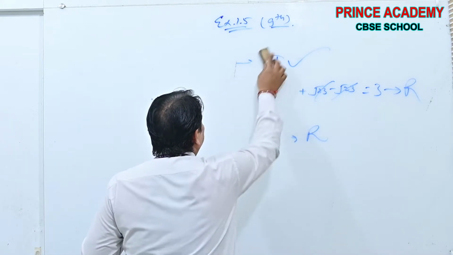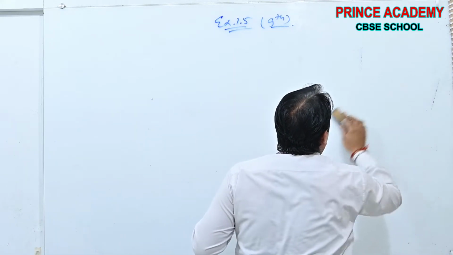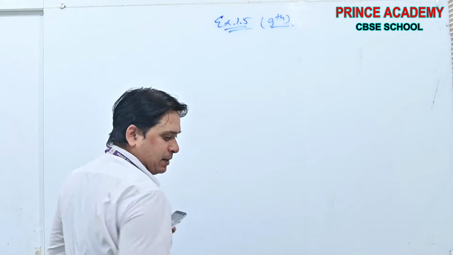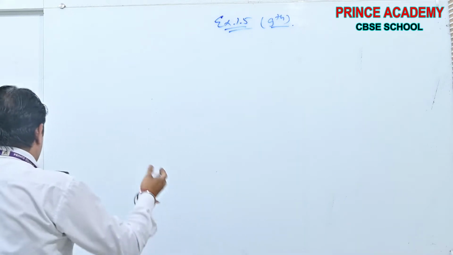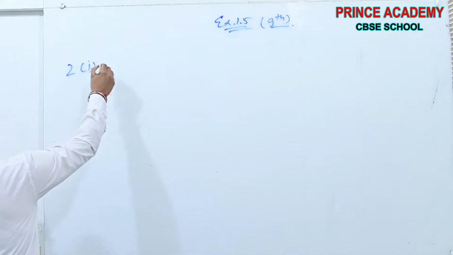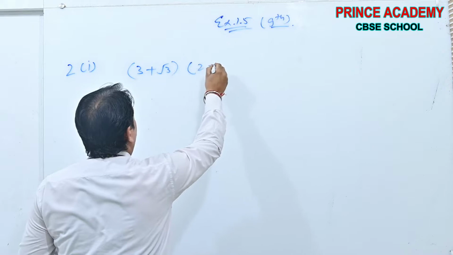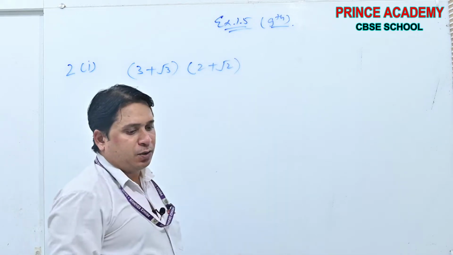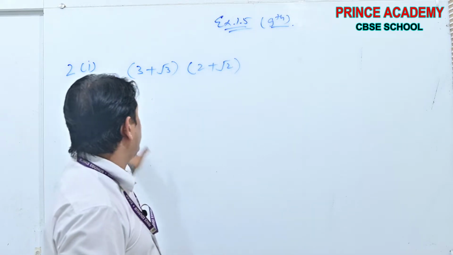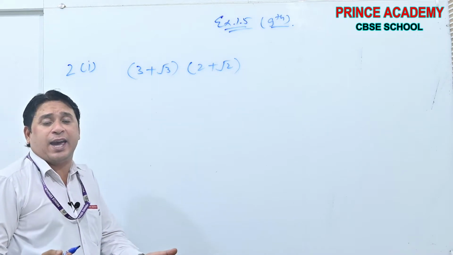Simplification. See beta, these simplification questions are so simple. First part. 3 plus root 3, 2 plus root 2. Simplification.